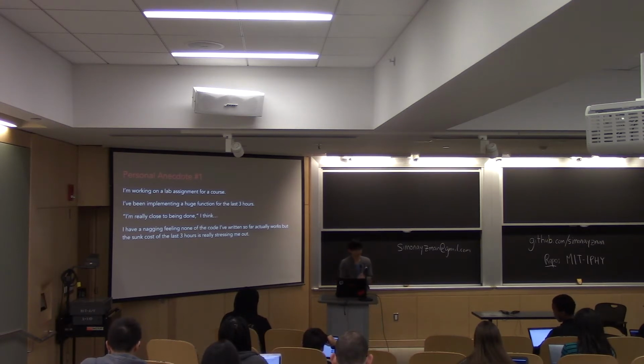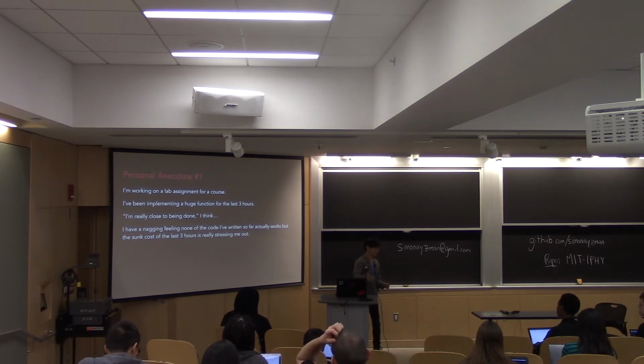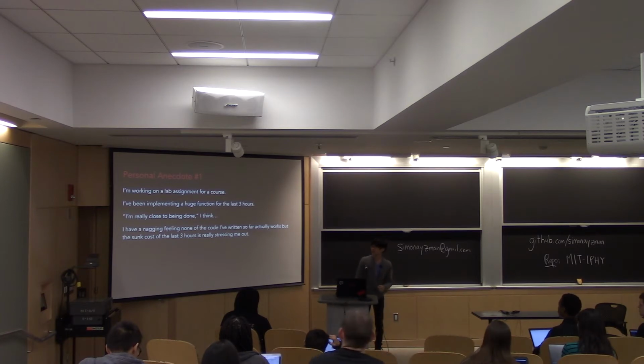So I'm working on a lab assignment for a course, and I've been implementing this huge function for the last 3 hours. I haven't tested this code, but I'm so close to being done. I have a nagging feeling that none of it works, but I just keep typing because I want to escape reality and fool myself into thinking I'm getting work done, that I'm writing code.